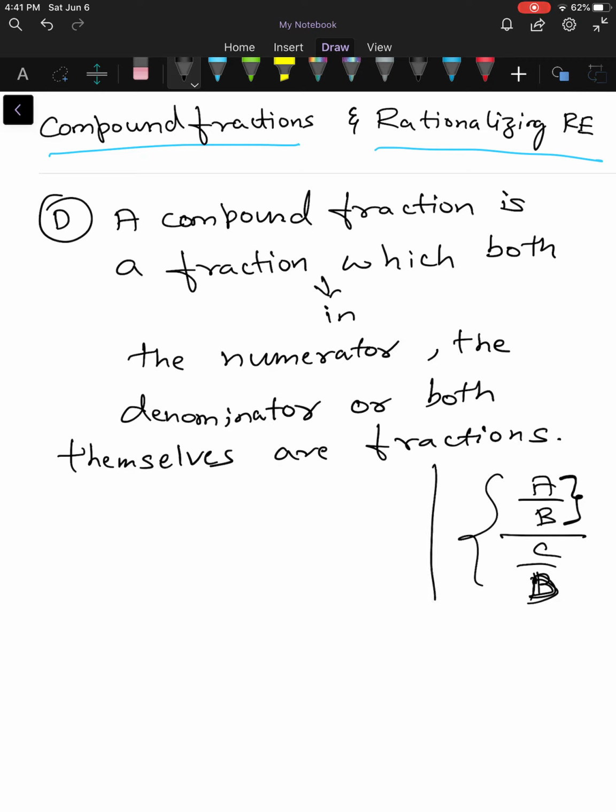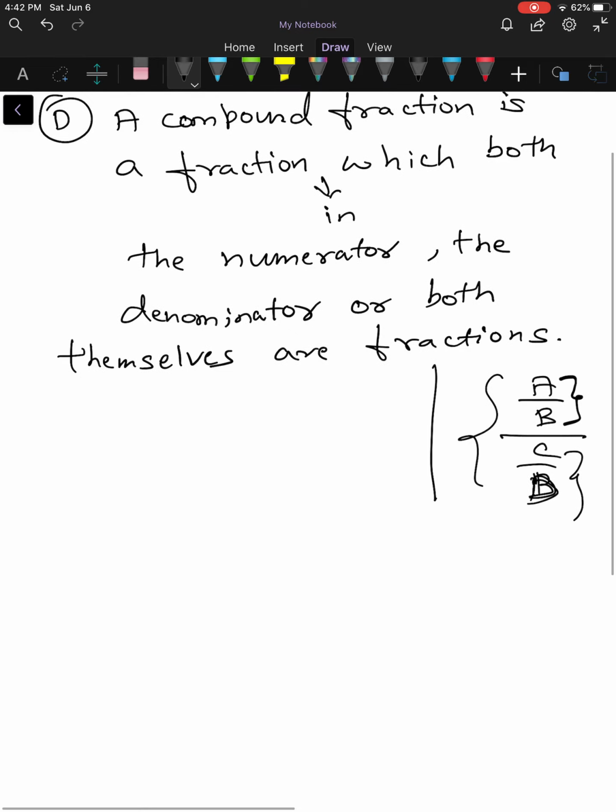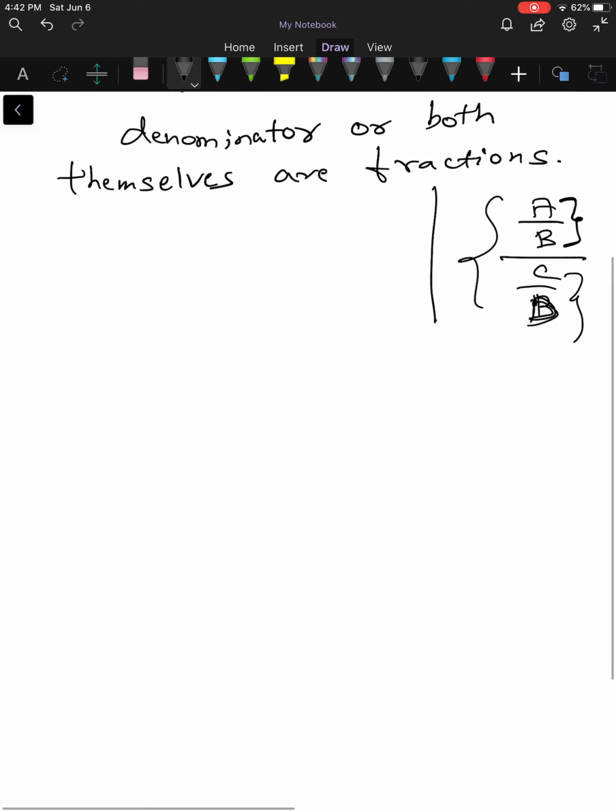So this is the numerator of the whole expression, that itself is a fraction, and this is the denominator of the whole expression, that itself is again a fraction. So here both are fractions. You saw such kinds of problems, but you didn't know what to call them. Now you know it is a compound fraction.